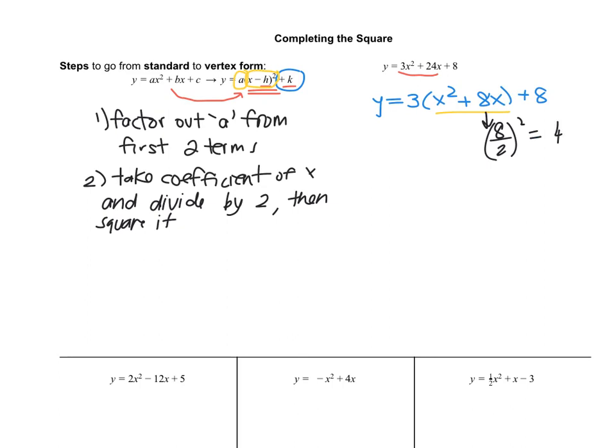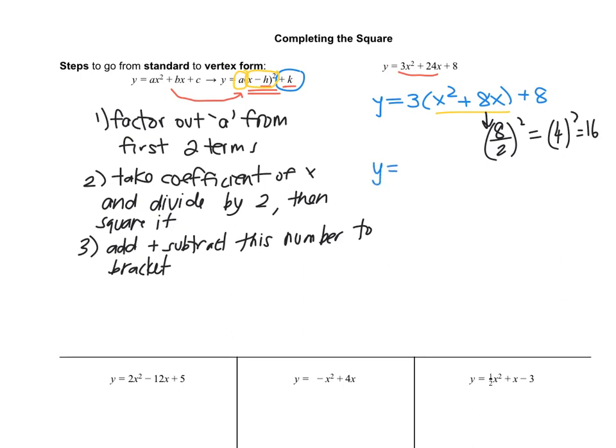So 8 divided by 2 is 4, and 4 squared is 16. So this magic number, I'm now going to add and subtract it to my bracket. So step 3, add and subtract this number to the bracket.